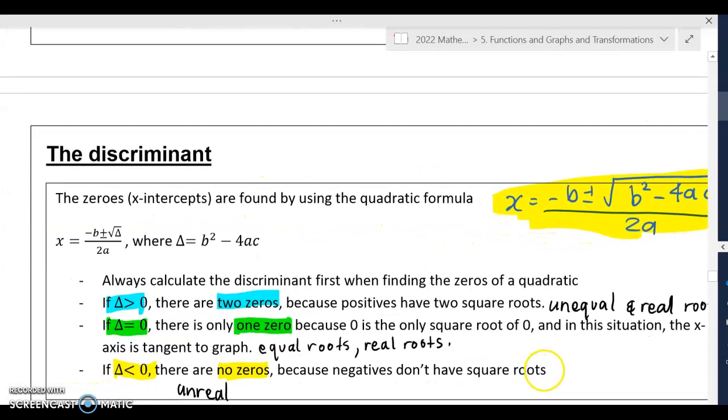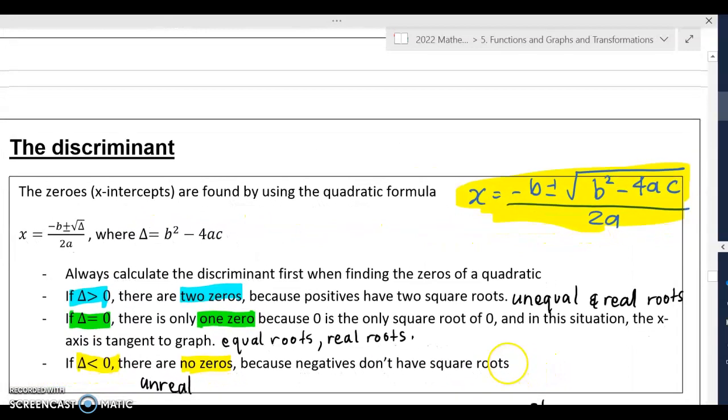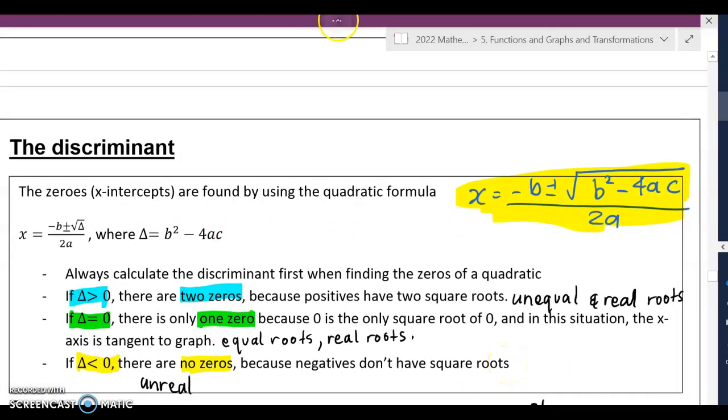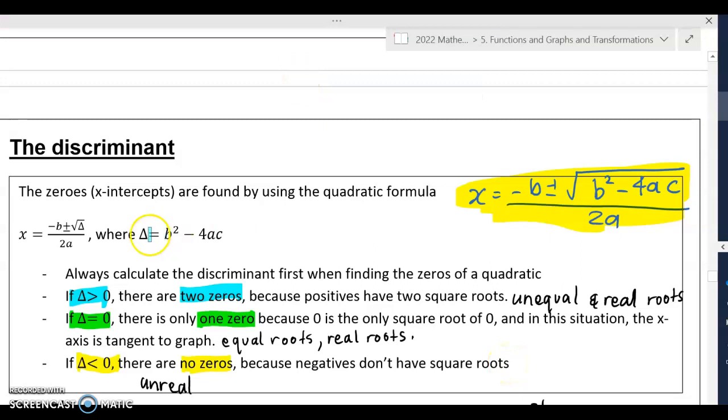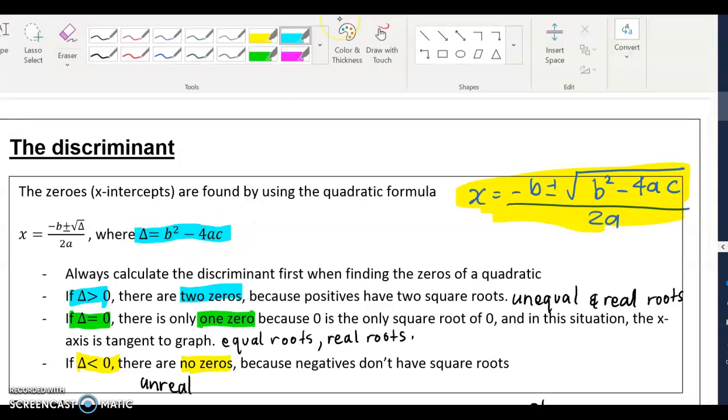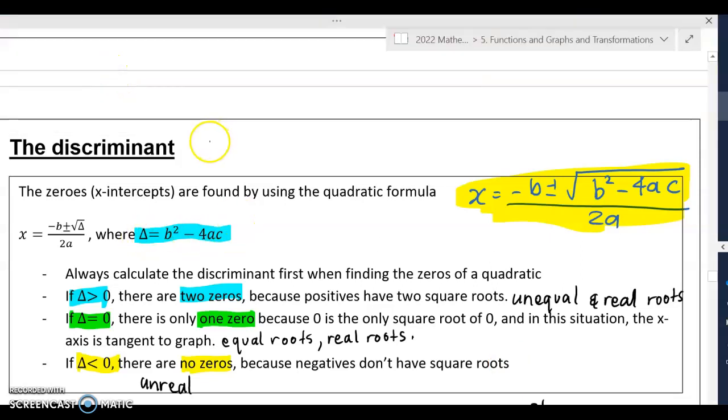So that's how we're finding our b squared minus 4ac, and this is called our discriminant. Let's highlight that, and I'm going to get you on your sheets to write that up the top. The discriminant we write as a triangle, and it is equal to b squared minus 4ac.